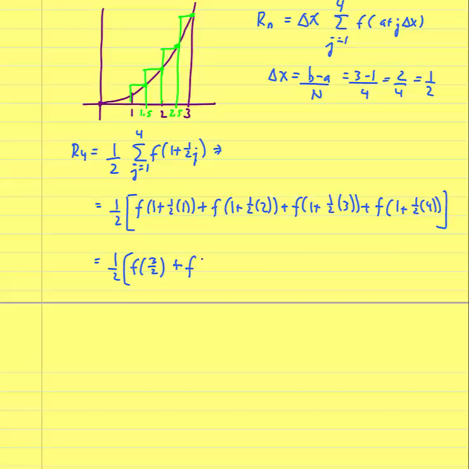Plus f of half of 2 is 1, 1 plus 1 is 2. 3/2 plus 1 would be 5/2, which is equivalent to 2.5, and half of 4 is 2, 2 plus 1 is 3. So all I'm doing is plugging in my right endpoints, 1.5, 2, 2.5, 3. And then I plug these into my original function, which was f of x equal x squared.